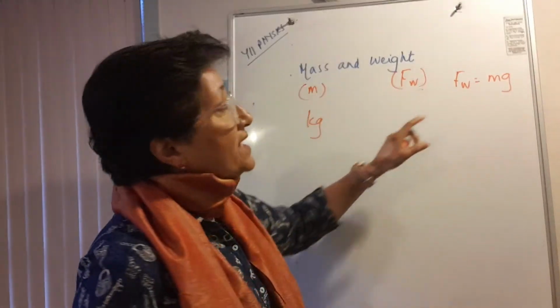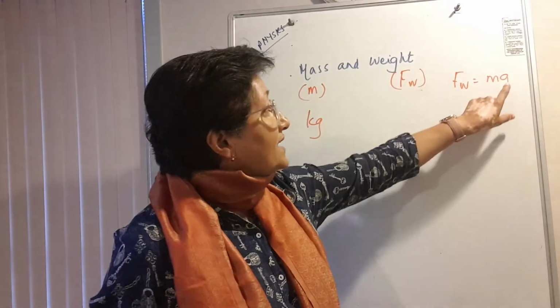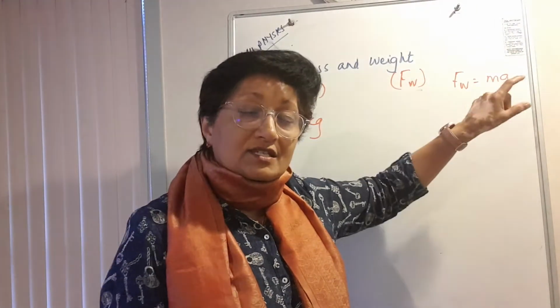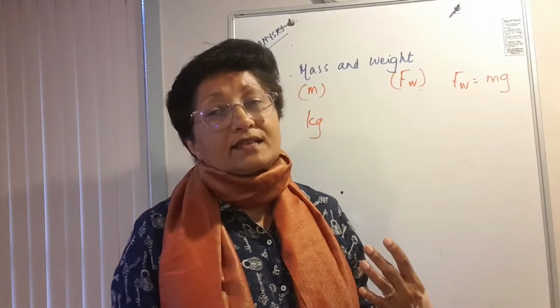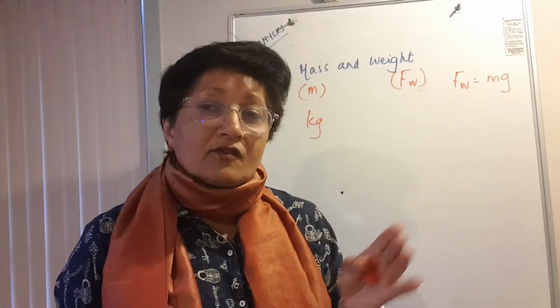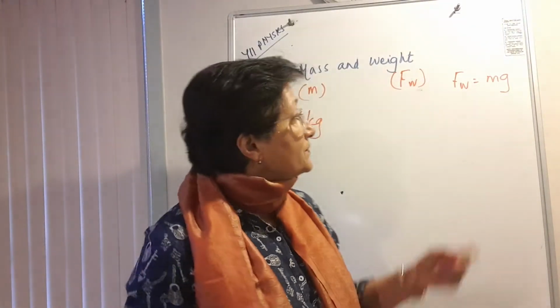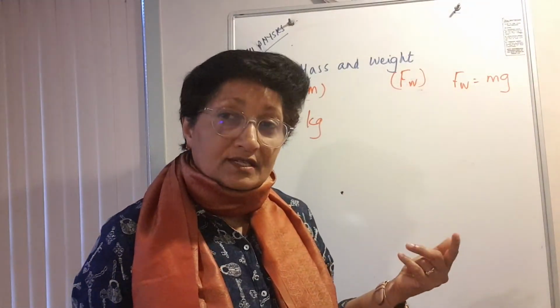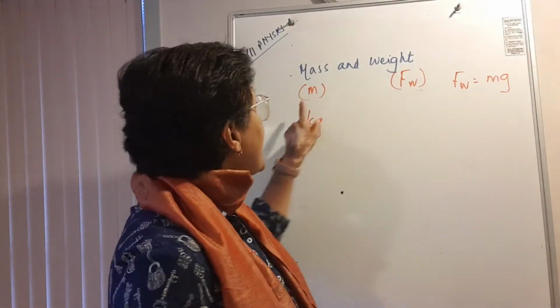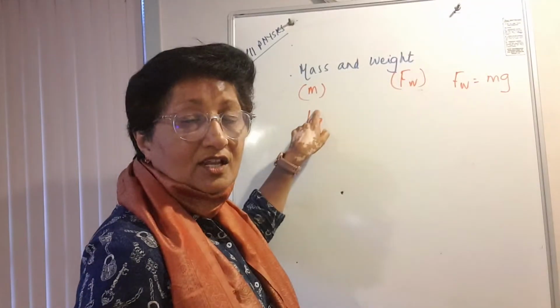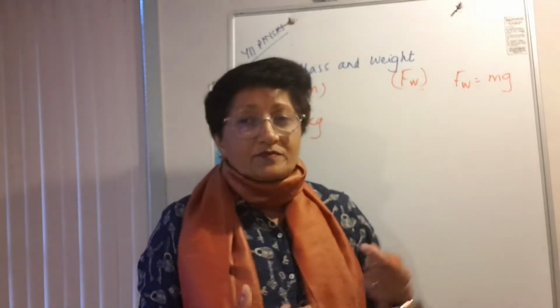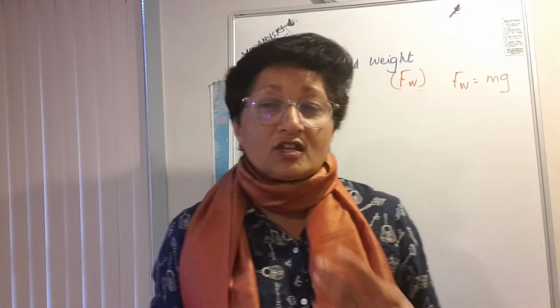So if somebody's mass was 50 kilograms, and the value of g, which is the acceleration due to gravity, the force with which the earth pulls everything towards itself, is 10 newtons for every kilogram of mass. So it's 50 times 10, which is 500 newtons. So that's the weight force, and the mass will only be 50 kilograms. Okay? Now, the weight of the object tells you if you're feeling heavy or light.